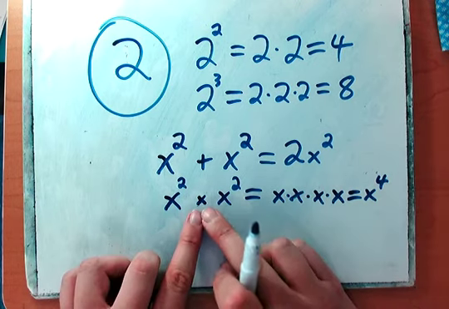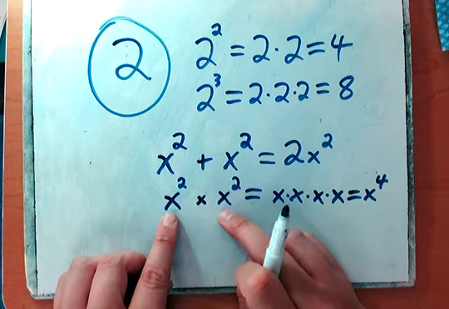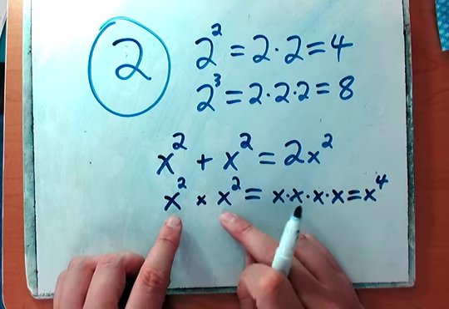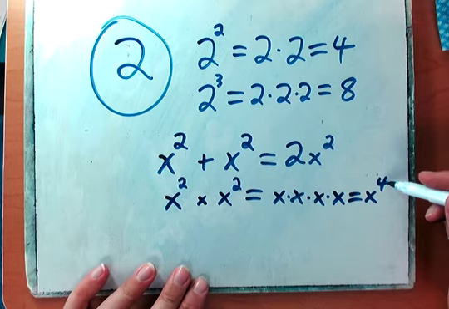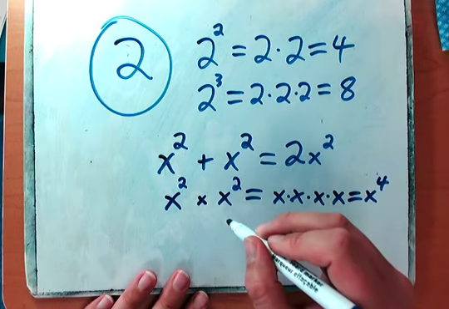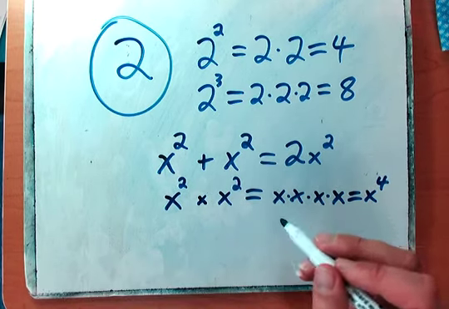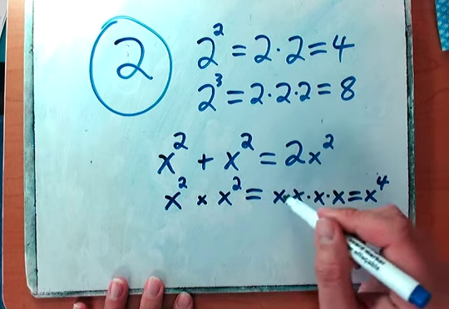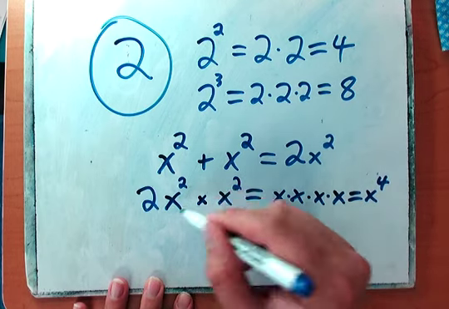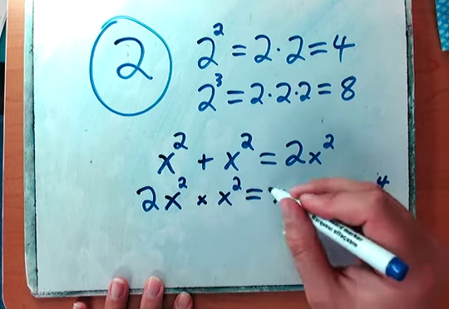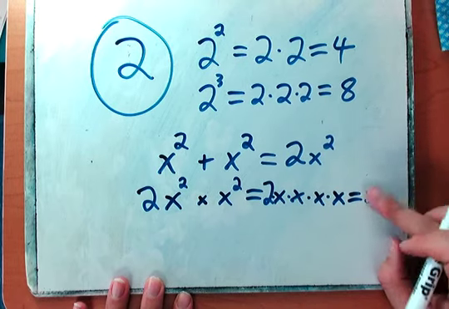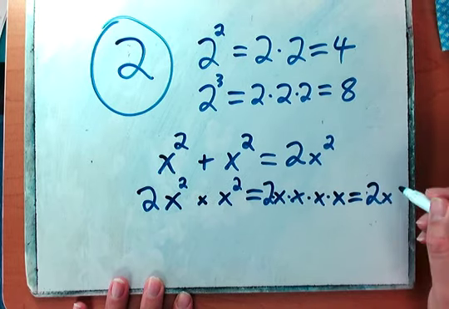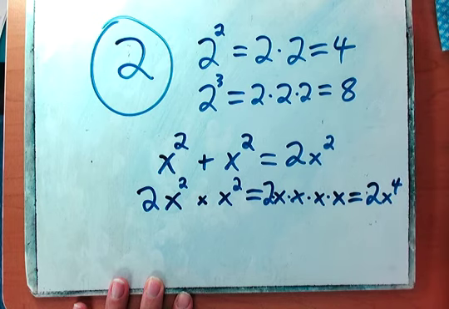So when you're multiplying two variables that are the same with exponents, you add those exponents. Now, what happens if I have an extra 2 in there? If I have 2x squared times x squared, well, then I'd have a 2 in front, but I'd still have x to the fourth. So 2x to the fourth is there.